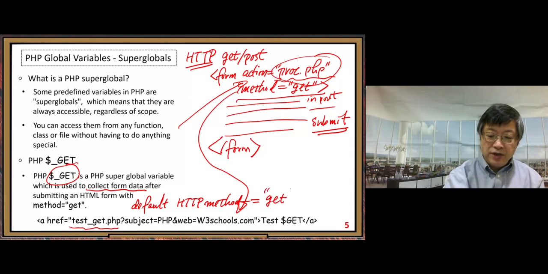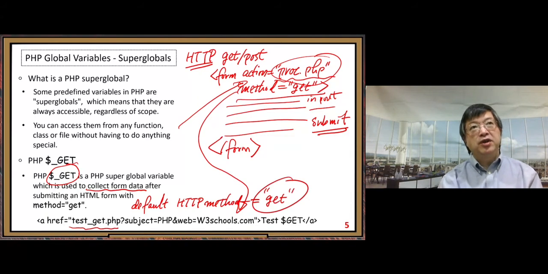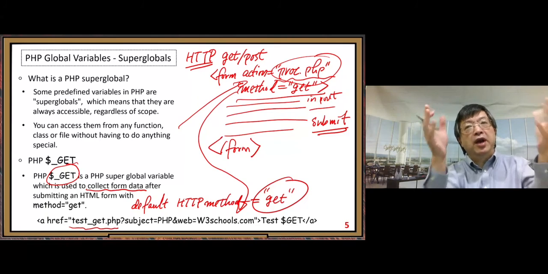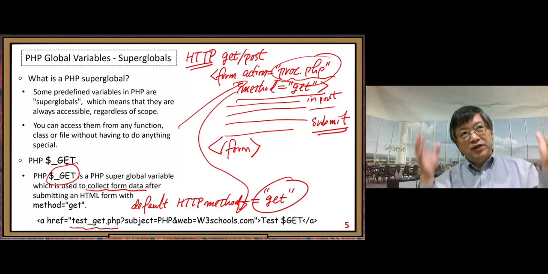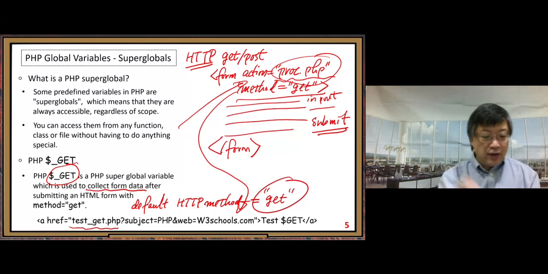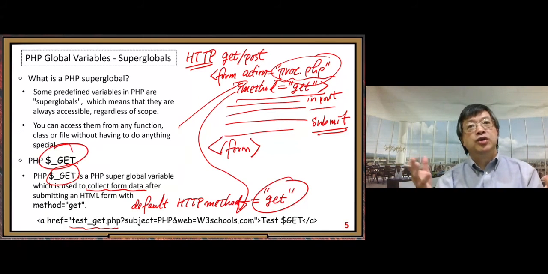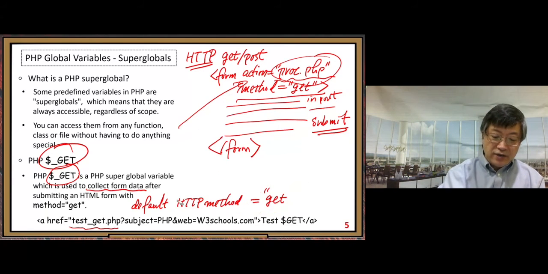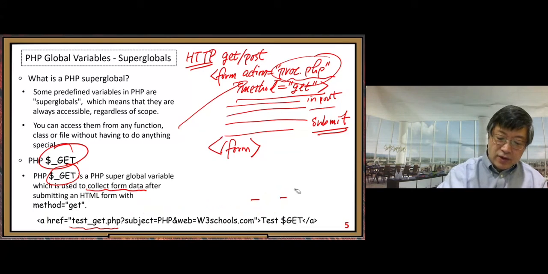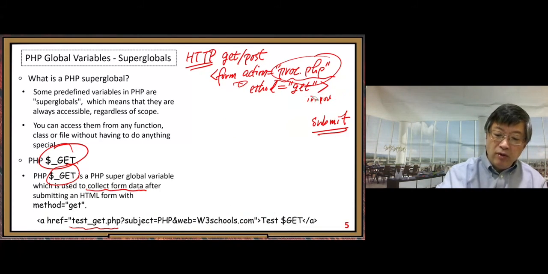So you do not need to say anything. That means you want to use the get method, and you just send your data. At the server side, it needs to use this super global variable to retrieve it. That is the situation where we use these super global variables.